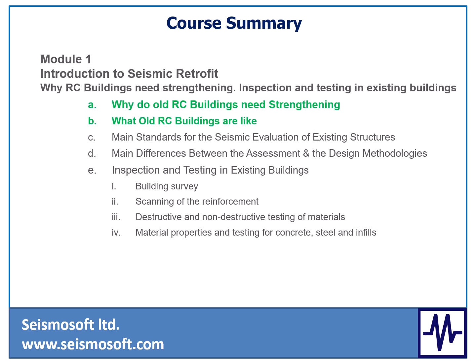We will present the main deficiencies of older reinforced concrete structures that have been built without specifications for seismic resistance, and we will explain how these deficiencies adversely affect the structural strength.